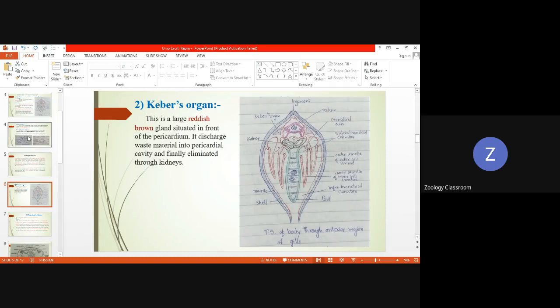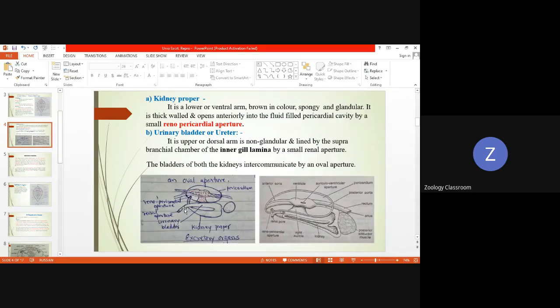From the pericardial cavity, as I have mentioned, it has a small aperture, the renopericardial aperture. So it is collected by this renopericardial aperture, brought into the kidney, and again from the kidney, through the bladder, it is given out through the renal aperture.